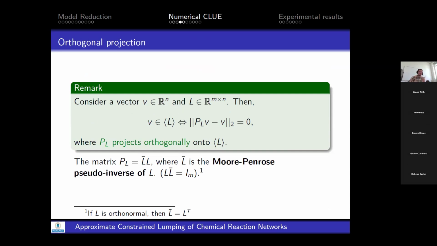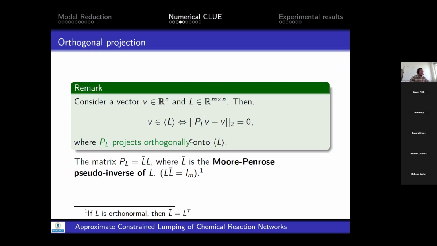If it changes slightly, then it was outside. Moreover, this difference between the orthogonal projection and your vector gives you precisely the distance of the original vector to the space. So orthogonal projections look like the perfect tool here for computing this algorithm, the numerical CLUE.